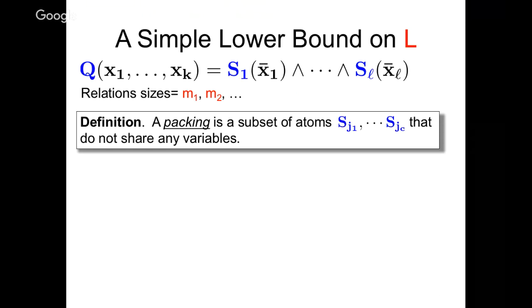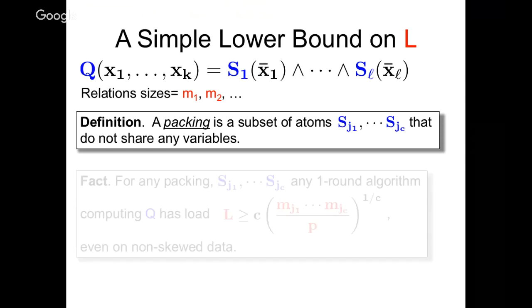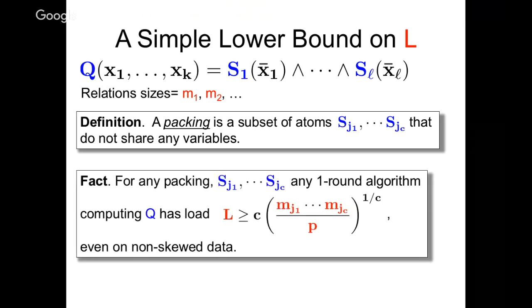This is exactly an integral edge packing. So any one-round algorithm that computes this query correctly must have a load at least equal to the load given by computing the cross product of the atoms in this packing.